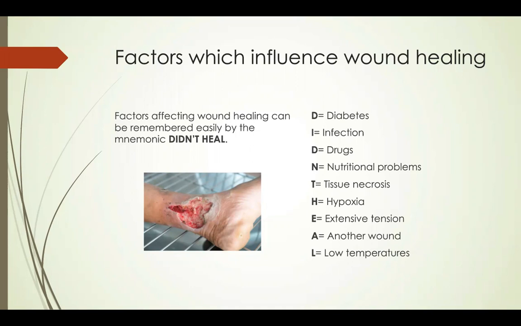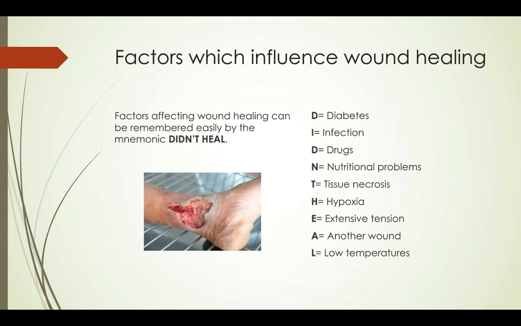I, infection. If it's infected, you don't just have the wound itself to heal. You now also have to fight the infection, the pathogens that have invaded the wound as well.